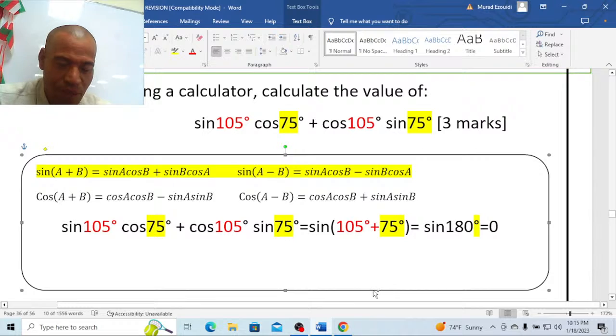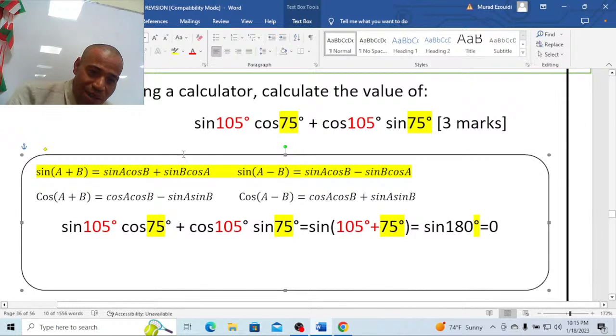It's very important for you: for example, this is 3 out of marks. The formula should be written on the final exam. If you write this and write sine of 105 plus 75 equal, you will get 1 mark, then this is 2 marks.